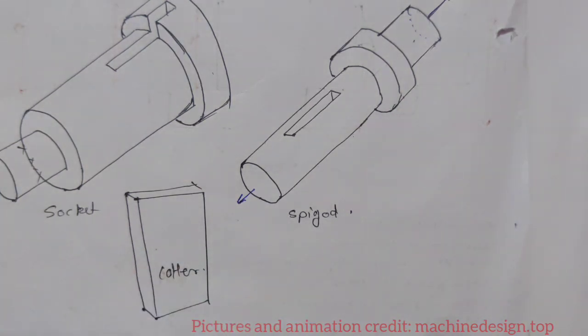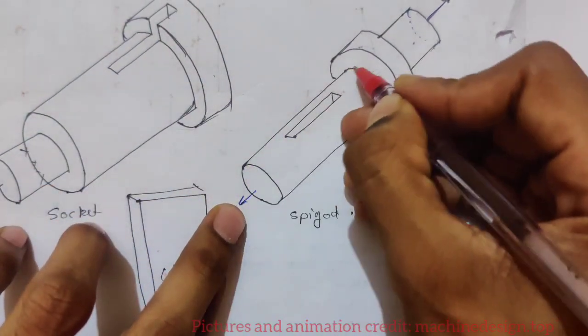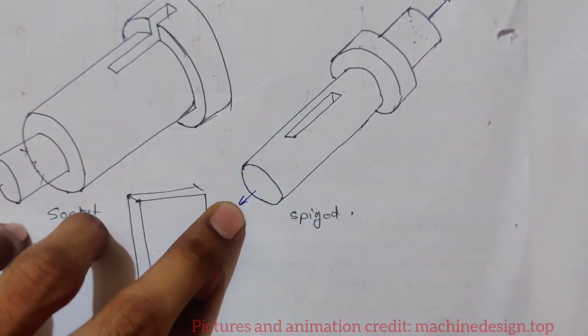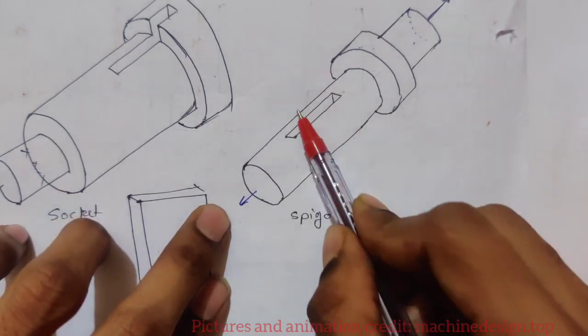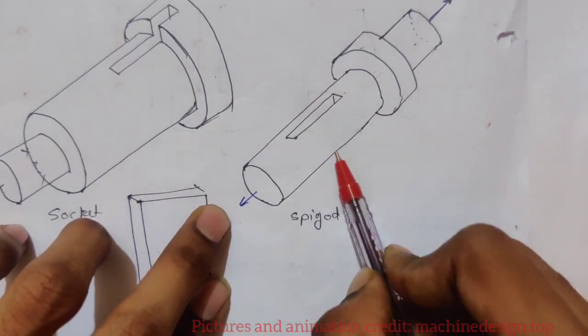I already said that you have to remember this: failure occurs at minimum area. Now where is the minimum area? Now see, this is the section, this is the whole section. Where is the minimum area? It is across slot.